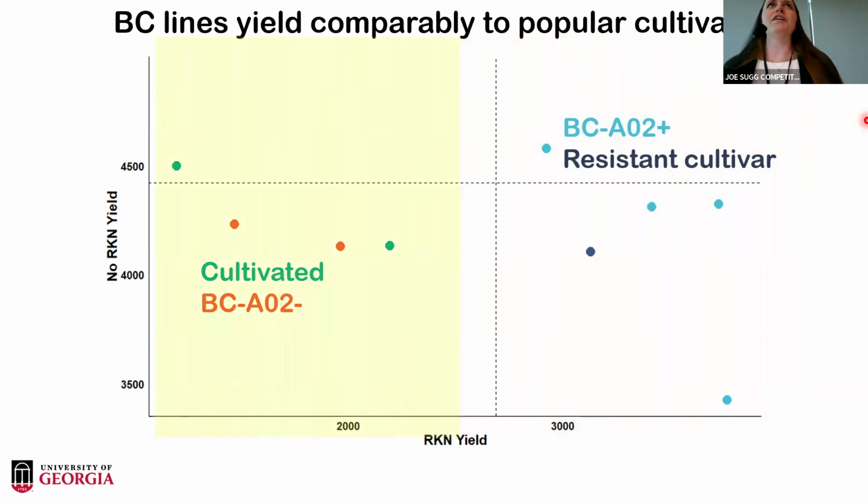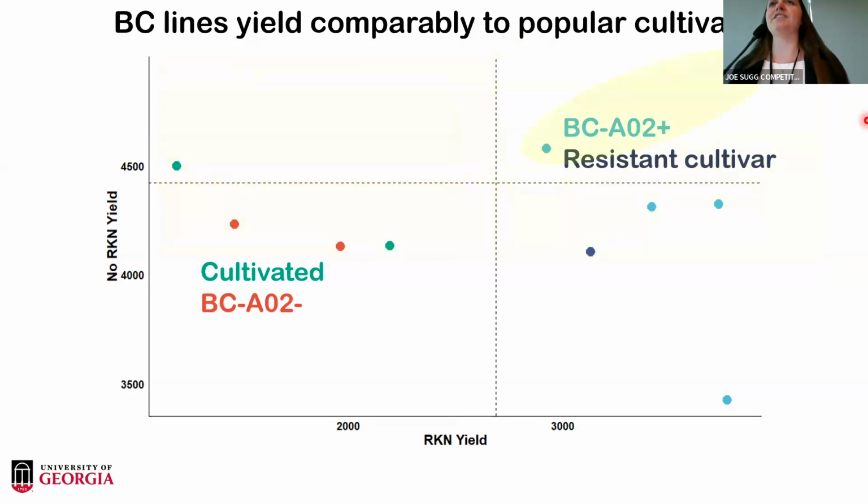But we were really more interested in yield without nematode pressure, because one of the main reasons that the resistant cultivars available today haven't been super widely adopted is because they have relatively low yield potential compared to the more common cultivars. So we were very happy to find that all of our backcross lines, with or without the introgression, shared a statistical grouping with the leading cultivars.